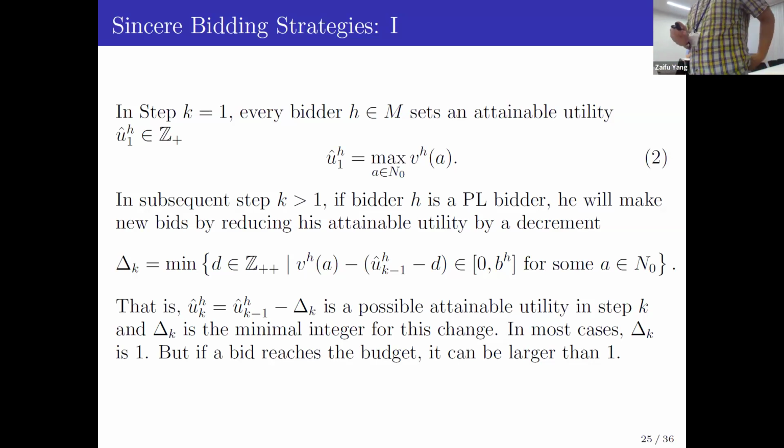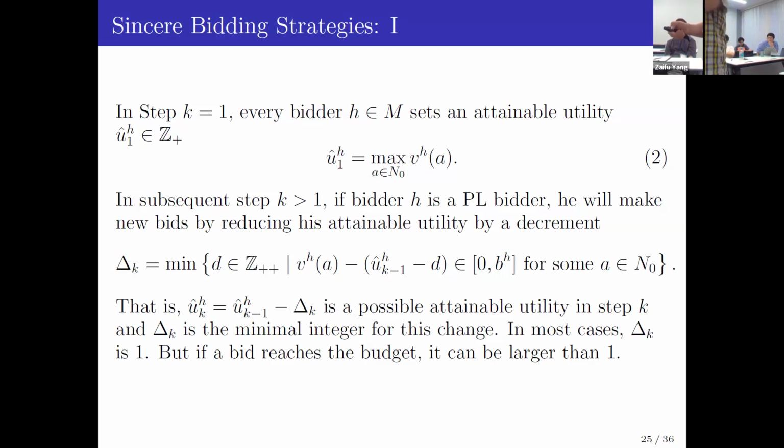Okay, here, for any step beyond the first step, if bidder H is a provisionally losing bidder, then he will make a new bid by reducing his attainable utility by this amount. How much is this amount? This is the attainable utility in your previous step.